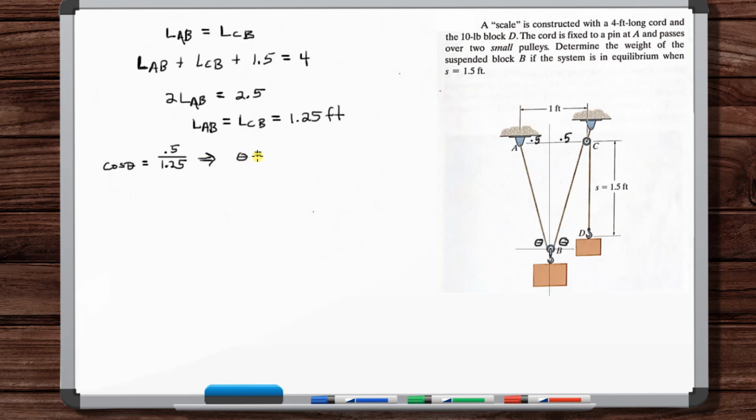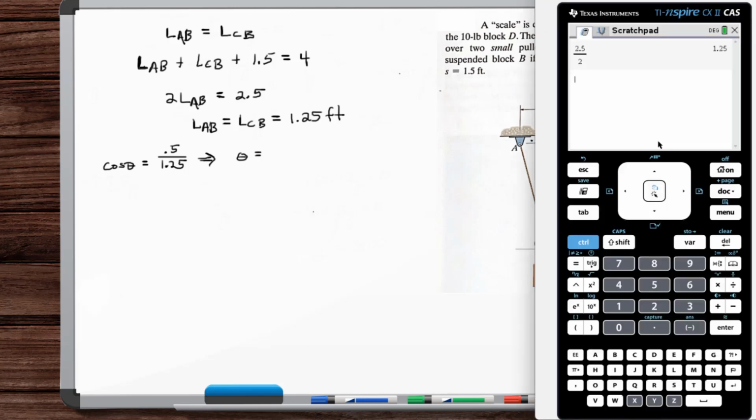So theta is equal to 0.5 divided by 1.25, and then inverse cosine, so 66.4.